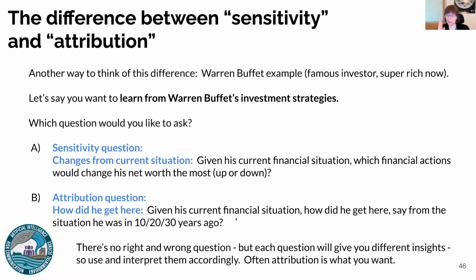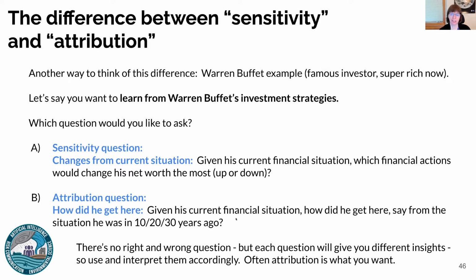So you're basically saying, okay, you have this super rich guy, and which actions could he take now that would make him even richer or less rich? Let's just say which ones make him richer. That might not be what you want to know if you want to get very rich yourself, because you don't have all these resources that he has right now. But that is the question sensitivity asks.